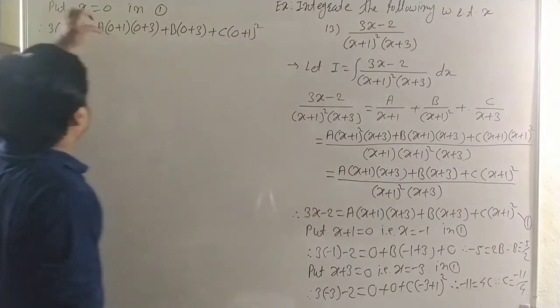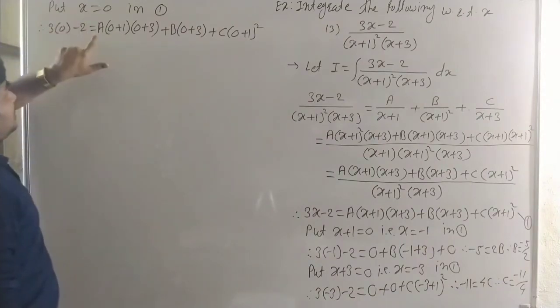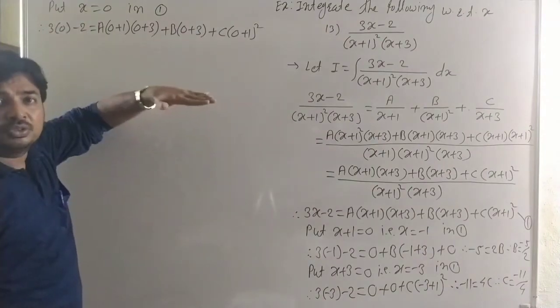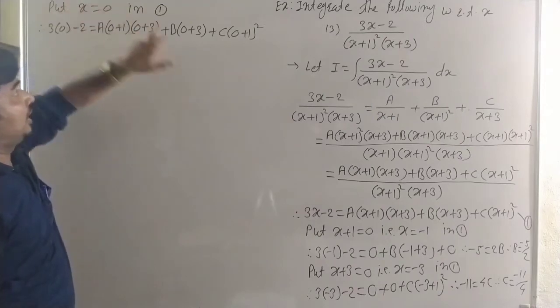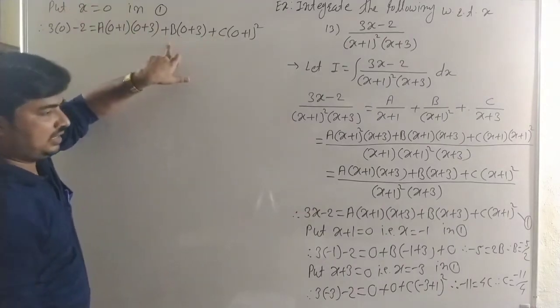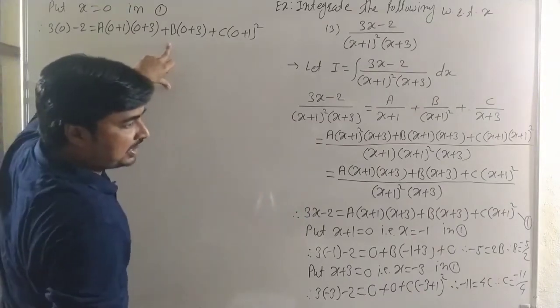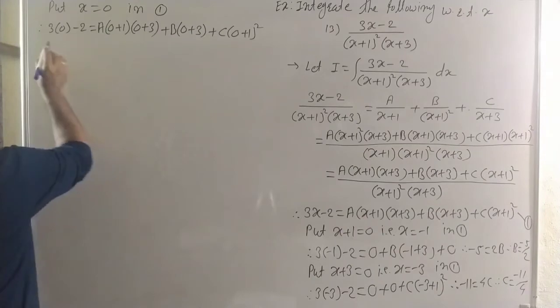Okay, now we want to find the value of a. Here in this expression a, b and c are there, but we want to find the value of a. We already found the values of b and c. Now put all values, see carefully.